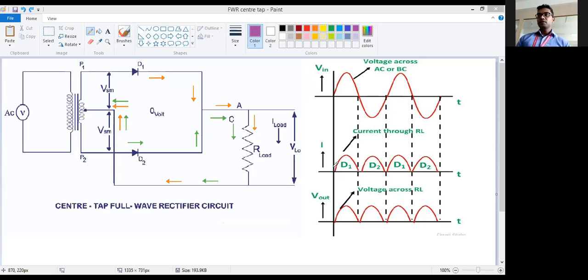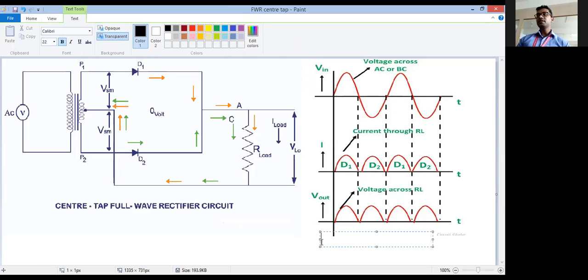Okay. See, Rishi, this right side diagram, I'll write over there. This right side diagram is nothing but the input output waveform.